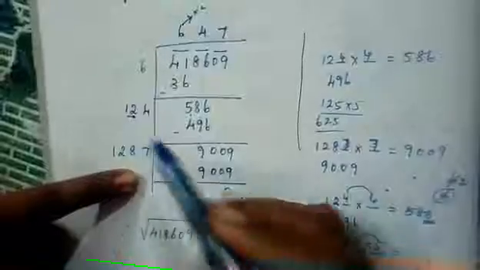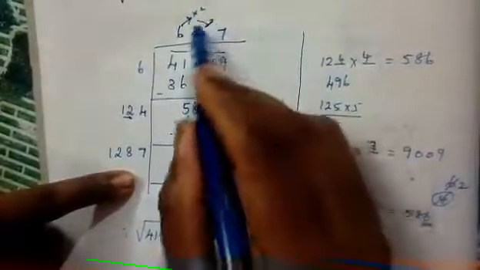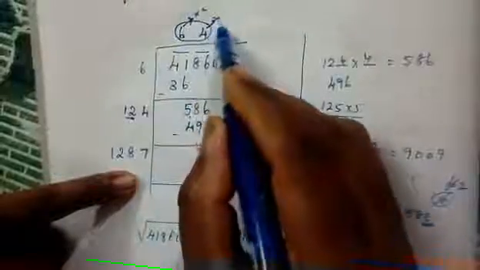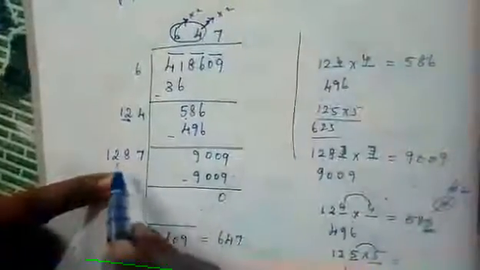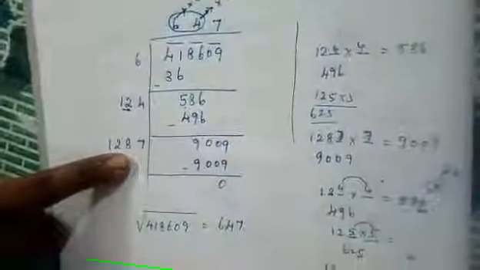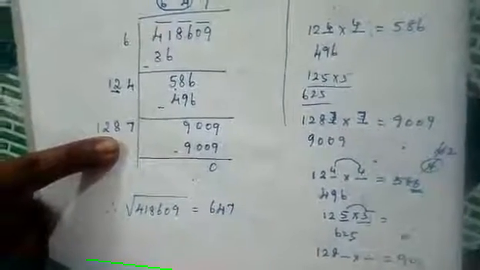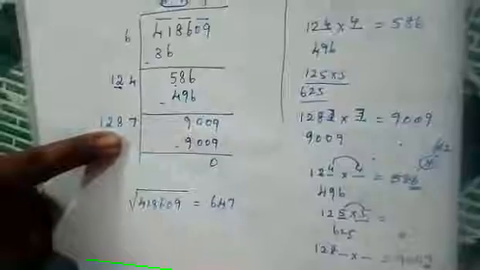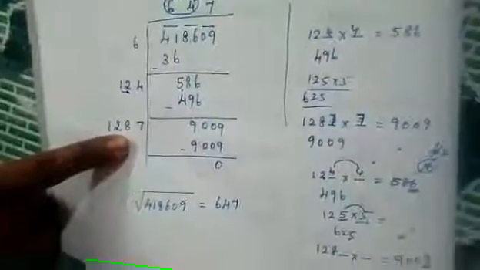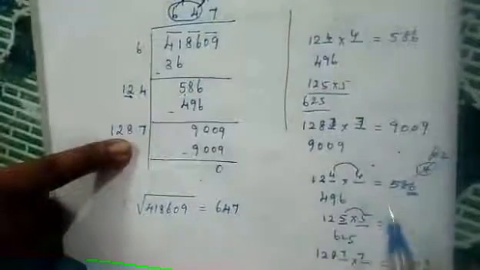Now you have to multiply the whole 64 by 2, that is 4 2s are 8, 6 2s are 12, 128. That 128 multiplied with which number gives 9009? For ending with 9, the possible square numbers are 3 and 7. So 7 is possible, you have to check.